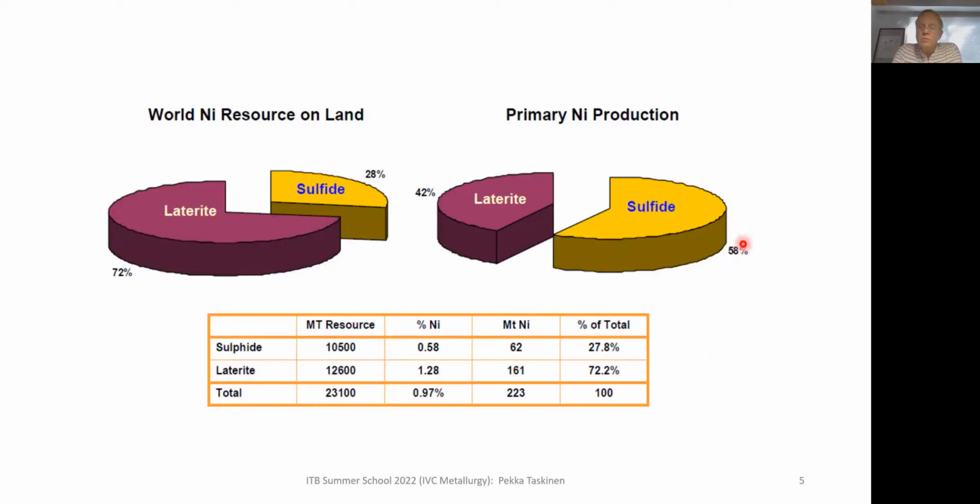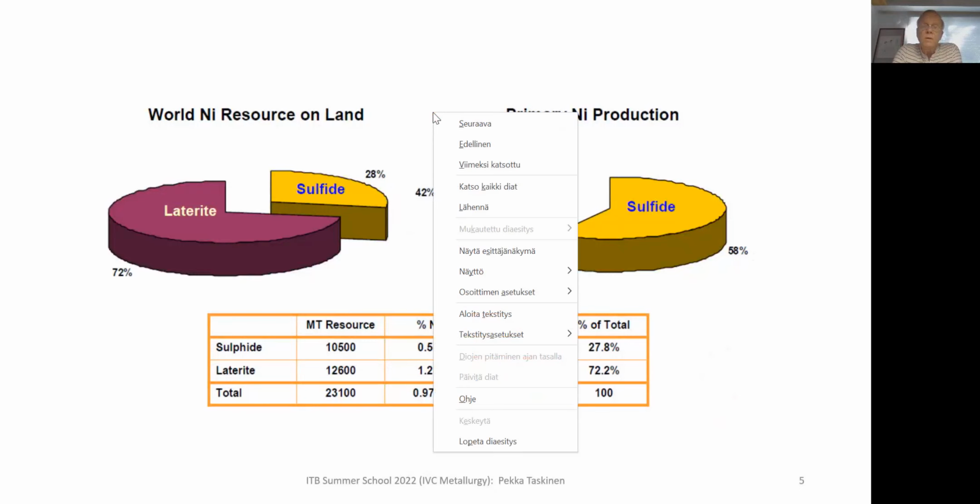It shows that almost 60% of total nickel production came from sulfide ores and minerals, and about 40% are based on laterite smelting and hydromet operations, which you will be hearing about later.